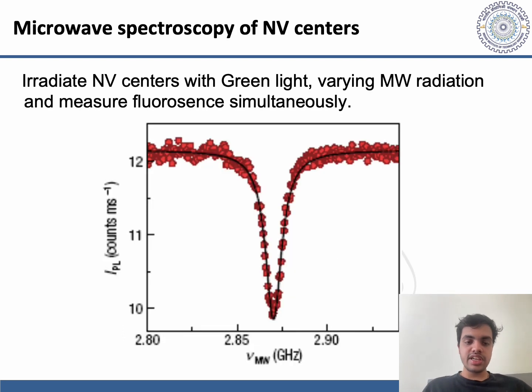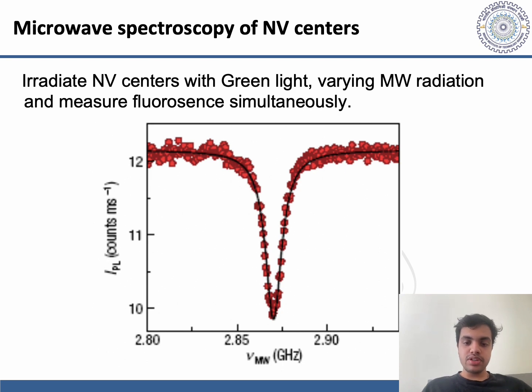See, let us say you start with a very low frequency. This frequency does not correspond to the microwave radiation, so you get some fluorescence, and you keep on increasing this frequency until you hit a point where you have reached the microwave frequency, which corresponds to the energy difference between ms equals 0 and ms equals plus minus 1 state.